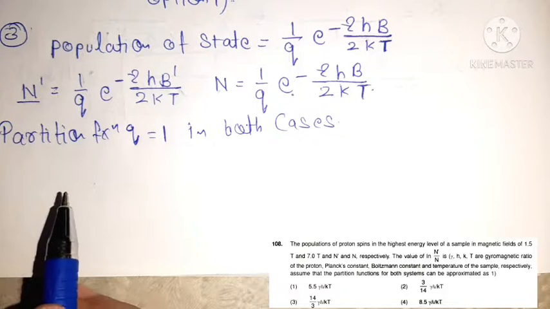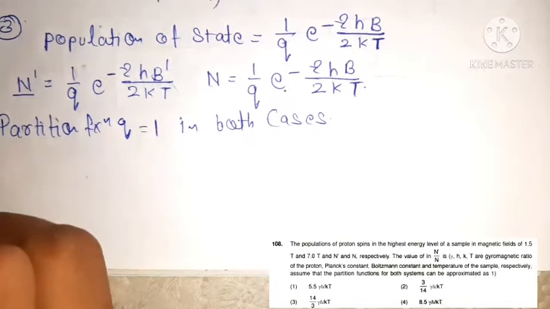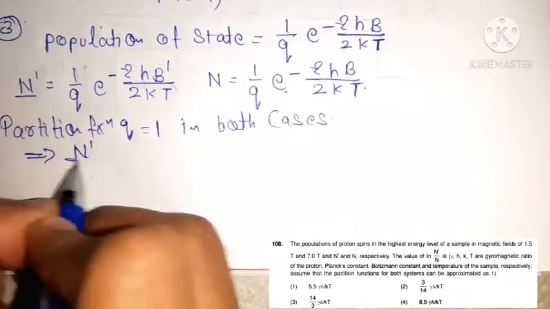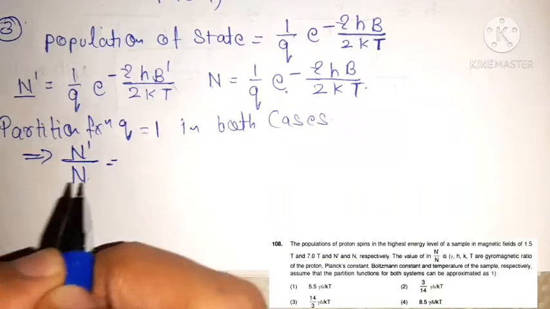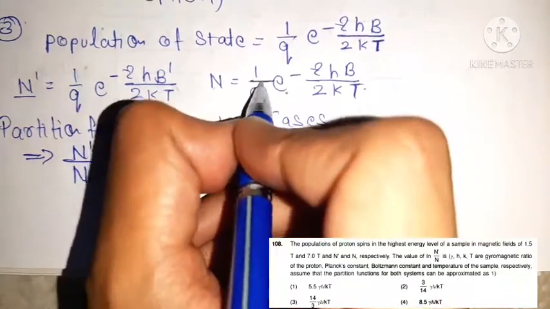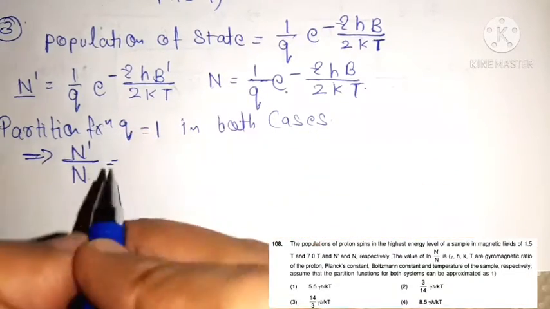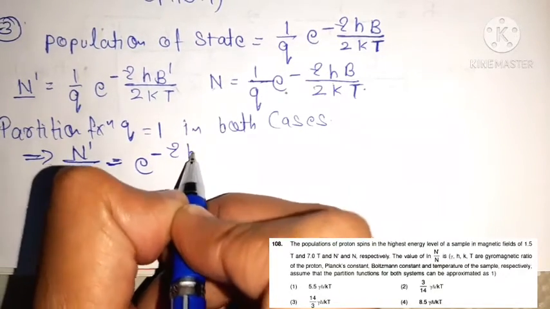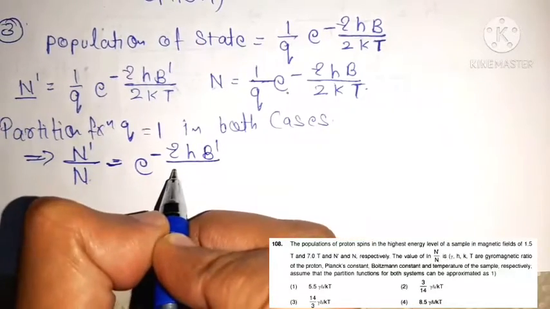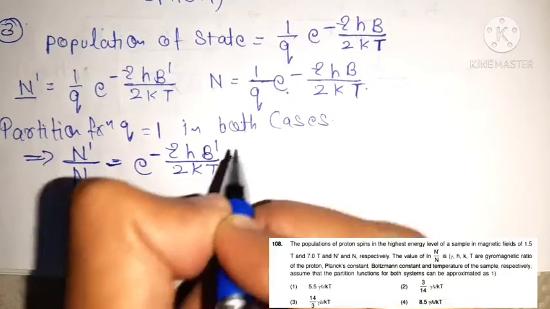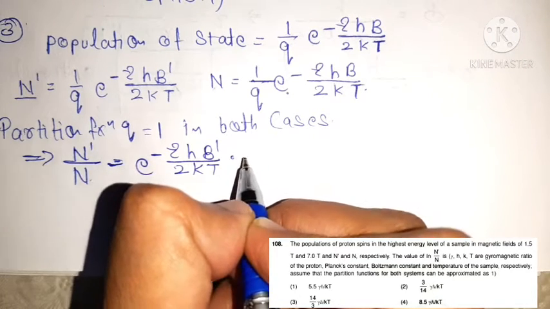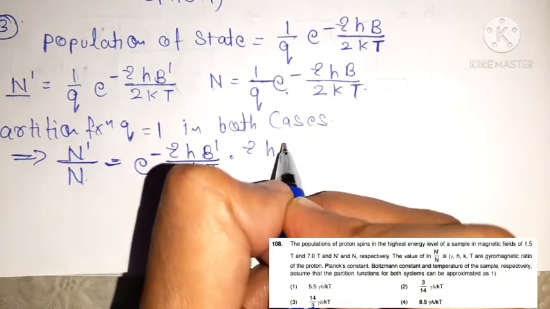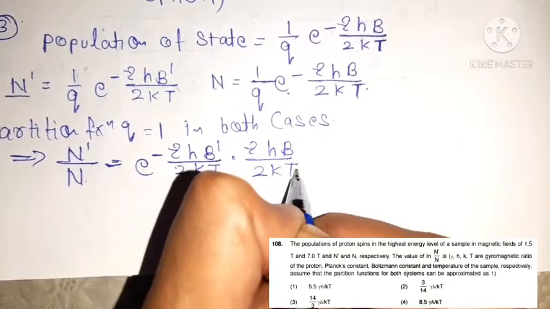Now you must find the ratio of n dash and n. So the ratio of n dash upon n is equal to, see, the value of 1 by q is 1, so it will be cancelled out. So it will be e to the power minus gamma h B dash upon 2 kT into e to the power gamma h B upon 2 kT.